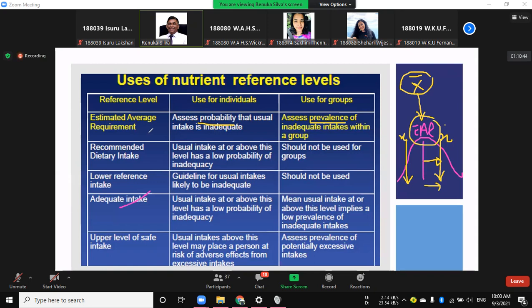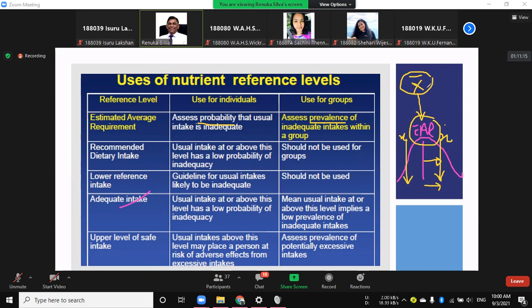So in other words, estimated average requirement can be used to get an idea about the population in your study or a survey. You do a survey and you get a mean value, and that mean value has to be compared with EAR.